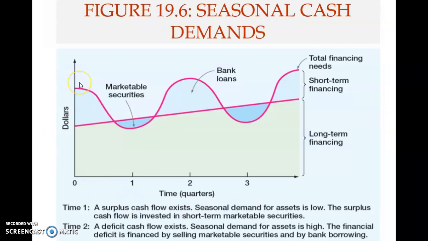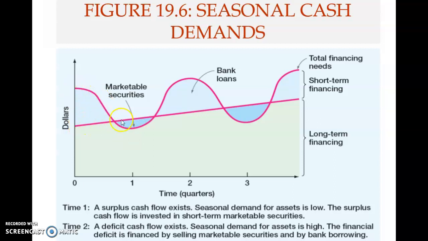Now this diagram tells you when you can have this marketable securities. So this is similar to what we have seen in chapter 18. This is the portion of long-term financing. This is the total assets. It varies over time due to seasonal needs. So sometimes you need high amount of assets, sometimes low. Right.